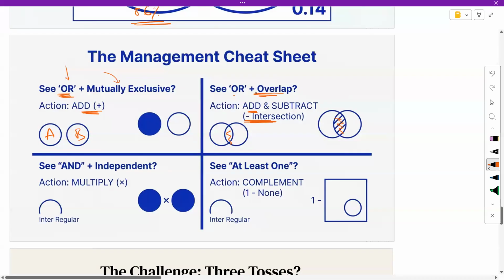You can't get overlap in mutually exclusive events. If it is an independent event, you just multiply probability of A and probability of B. And the complement, at least, means 1 minus none.